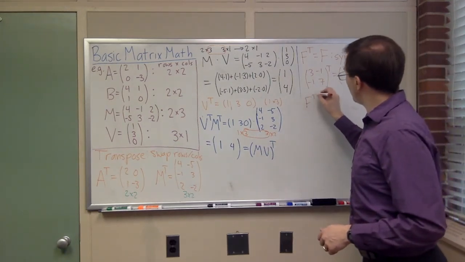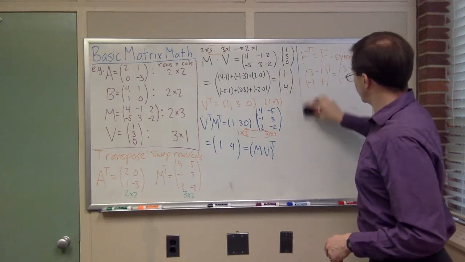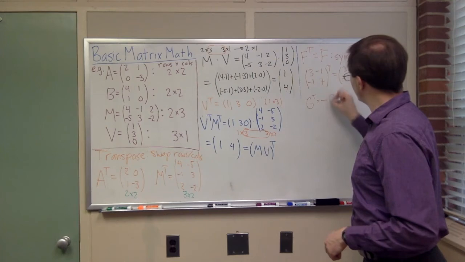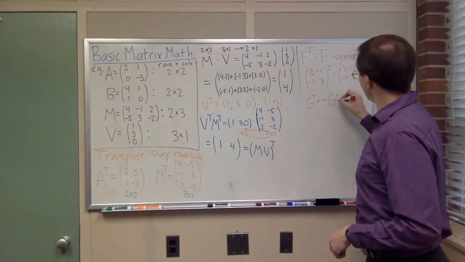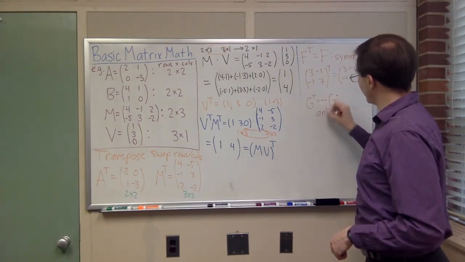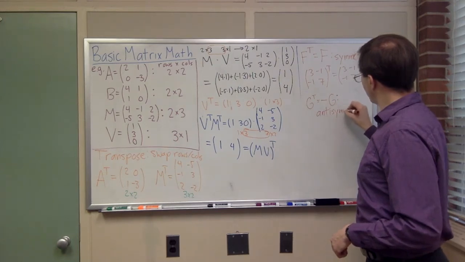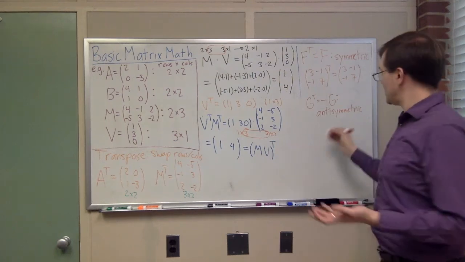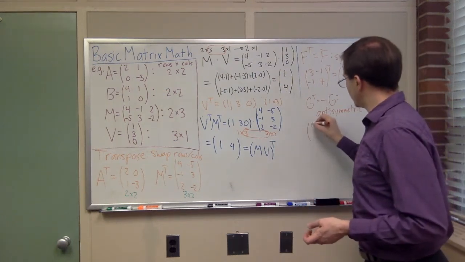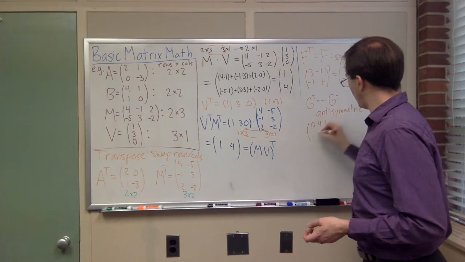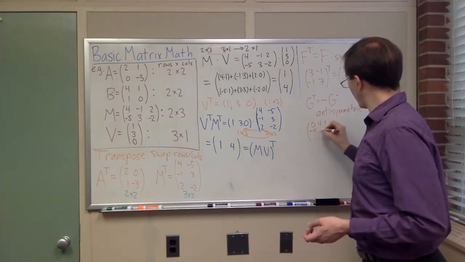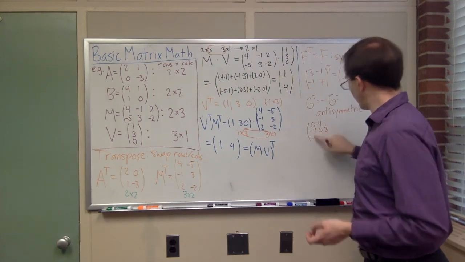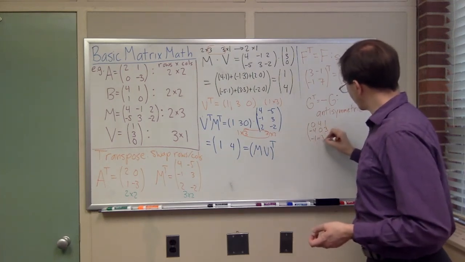If G transpose equals negative G, we often call that anti-symmetric. Anti-symmetric matrices would look something like 0, 4, 1, minus 4, 0, 3, minus 1, minus 3, 0.